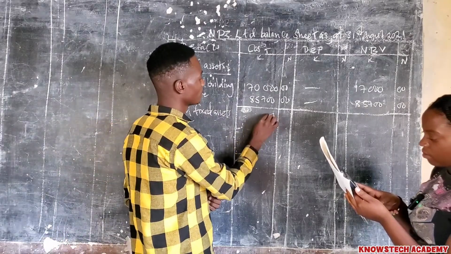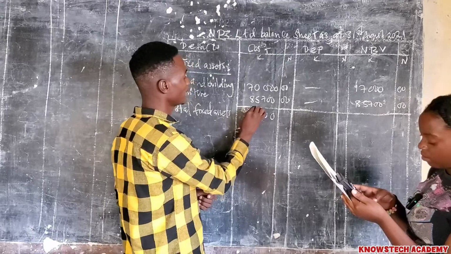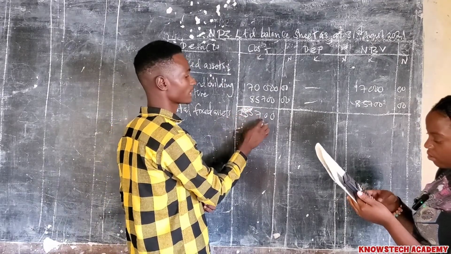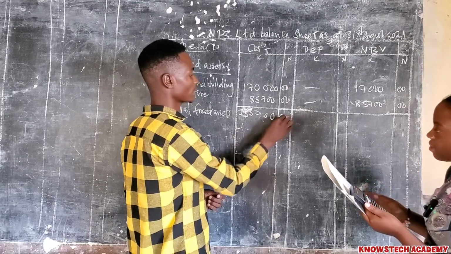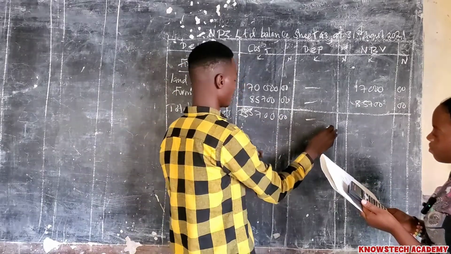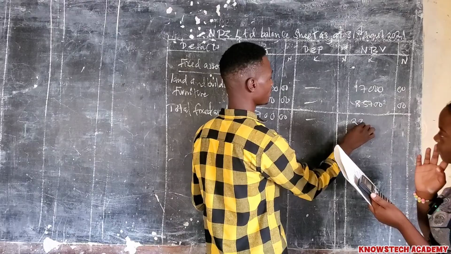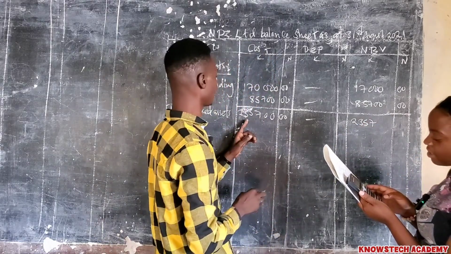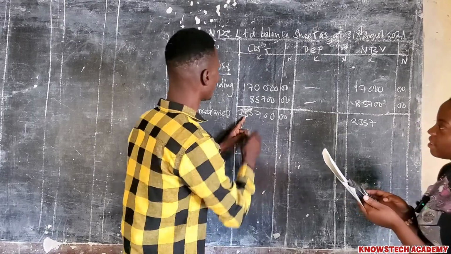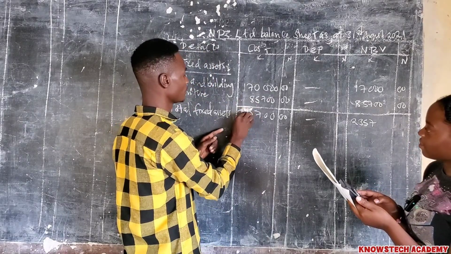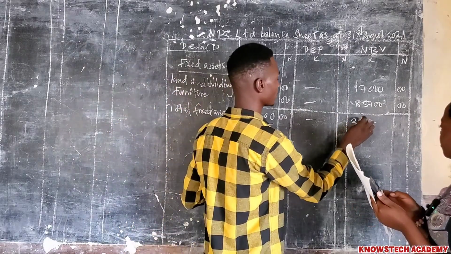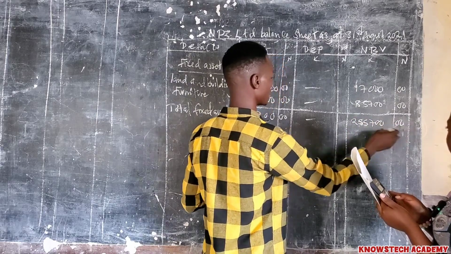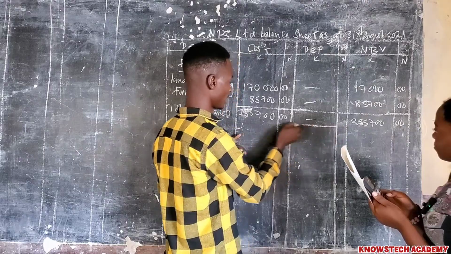So it's 255,700. Yes, 255,700. So we're going to close here, just here.